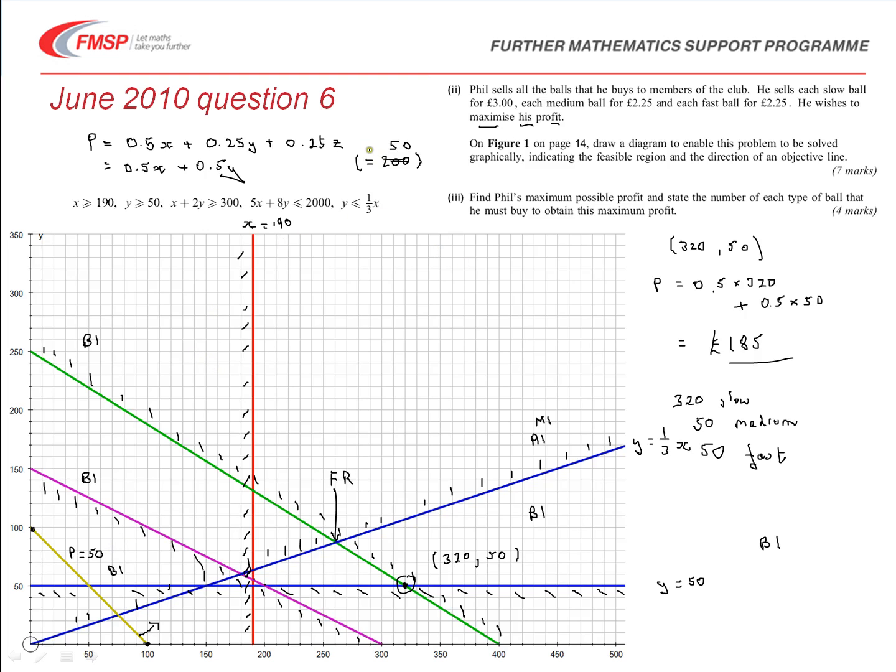Then, having a profit objective equation will give you a mark. For obtaining the correct value for the vertex at which the profit is a maximum gives you a mark. For obtaining the correct answer for that profit will give you 1 mark, and then for stating the number of each type of ball gives you 1 mark to complete your 4 marks for part 3.